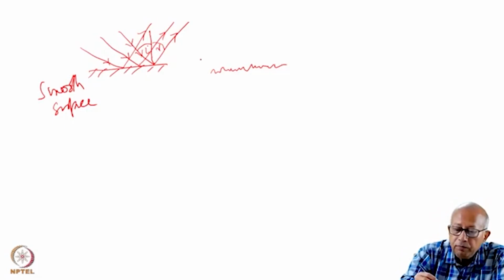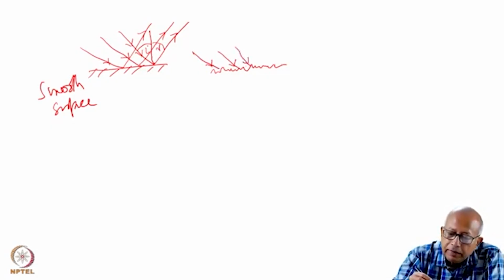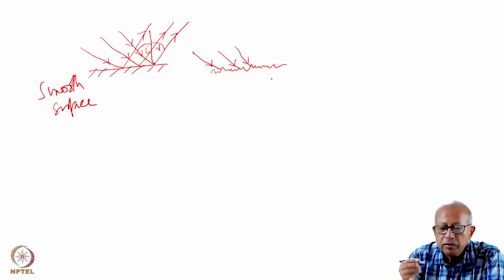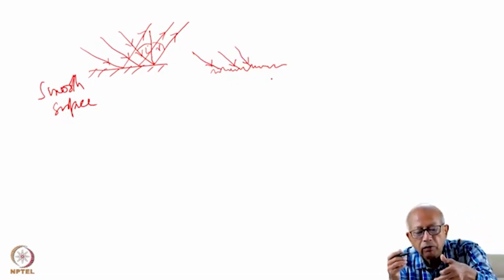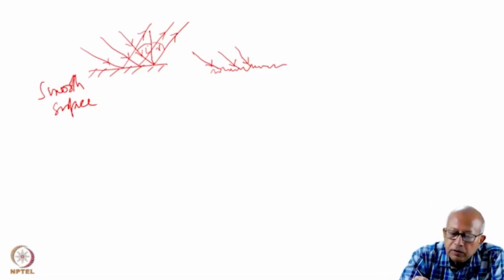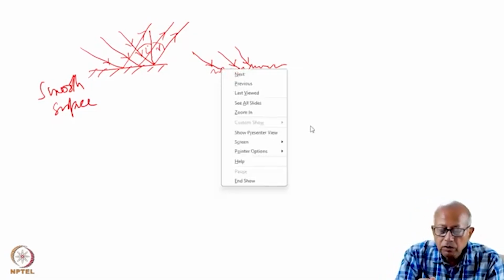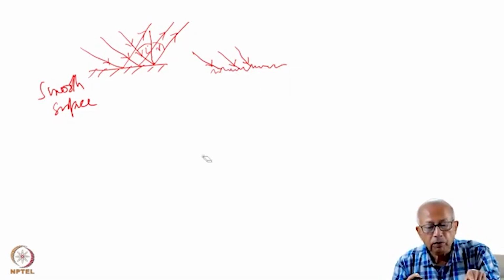So here, if this parallel beam falls, then you can see clearly that the angle of incidence will be different at different points where this ray of light interacts with this surface. At every point, the reflection will follow the rule of reflection.